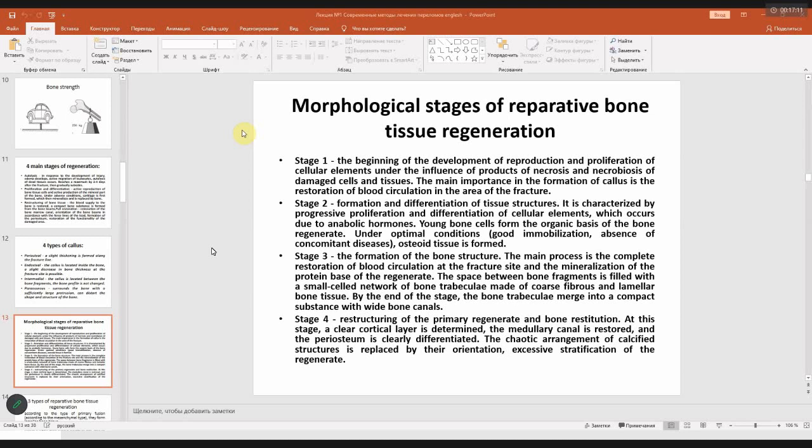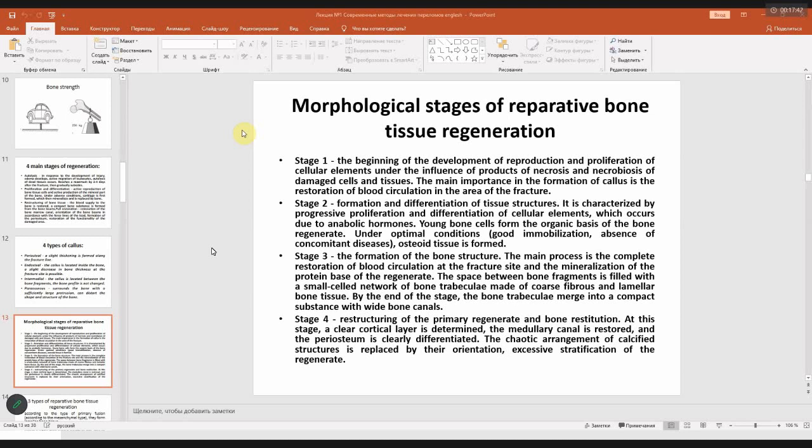Stage 4, restoration of the primary regenerate and bone restitution. At this stage, a clear cortical layer is determined, the medullary canal is restored, and the periosteum is clearly differentiated.